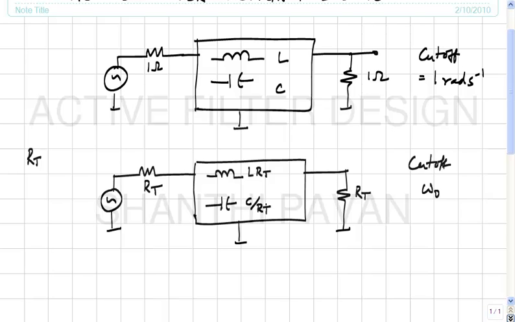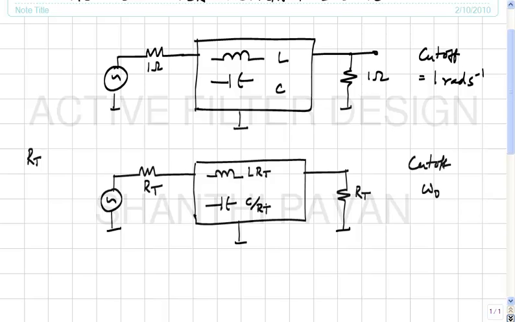Now this network as it stands has the same cutoff frequency as earlier, only its impedance has been scaled up by a factor RT. Now if you want the cutoff frequency to move from 1 radian per second to omega naught radians per second, what will you do?